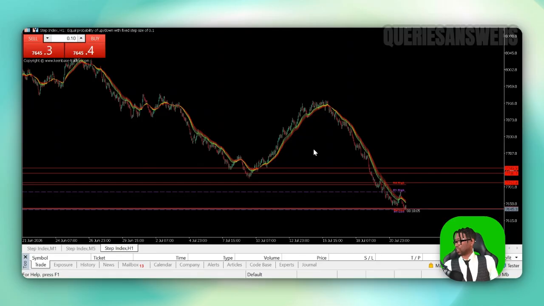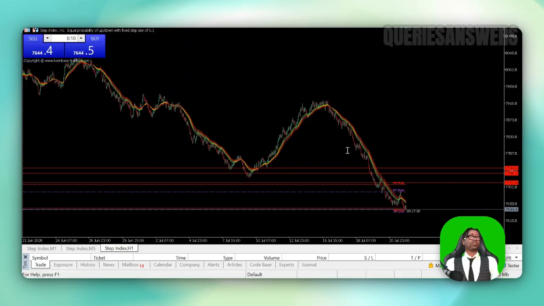Then the last one that people love, when we're talking about easy synthetic indices to trade, is Boom 1000 and Crash 1000. If you are a catch and spike trader, you will love Boom 1000 and Crash 1000.